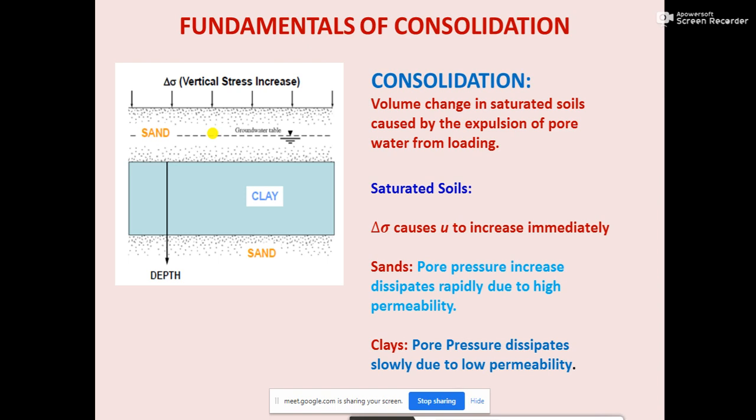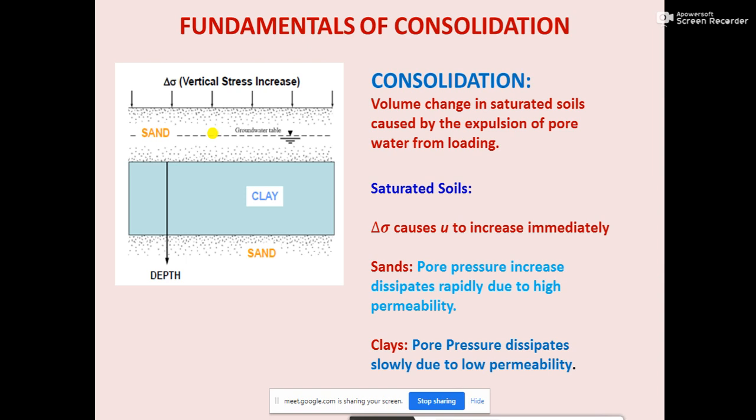Now in case of soil, between the soil particles, in the pore spaces, the water is stored, right? Those waters are called pore waters. In case of saturated soil, you can easily understand the pore spaces inside the soil will be fully filled with water, and there will not be any air voids.